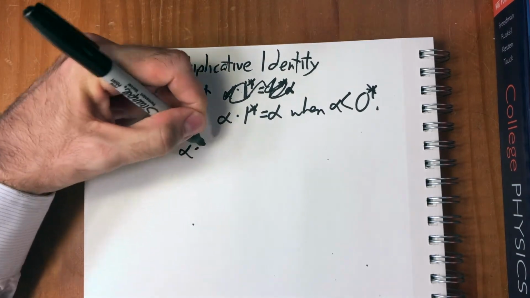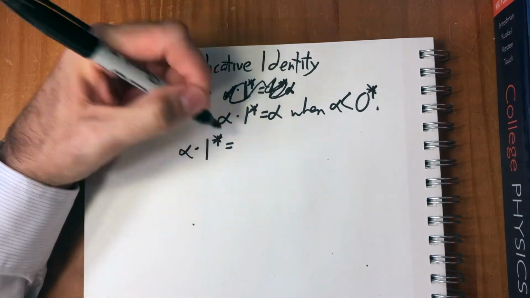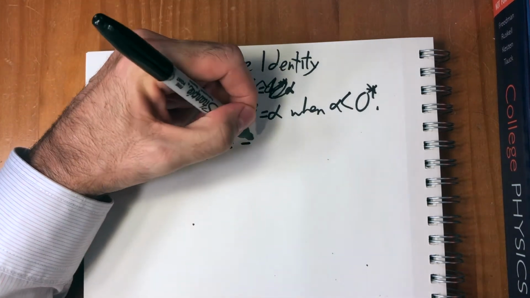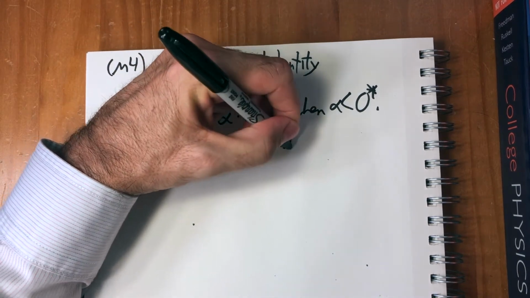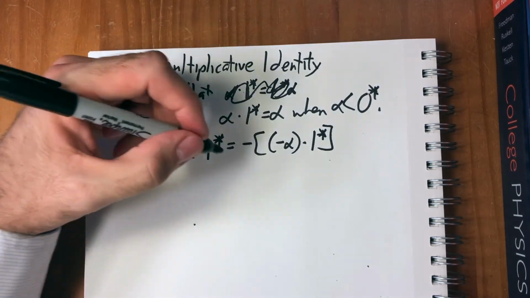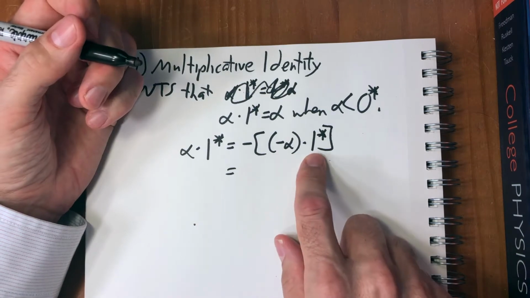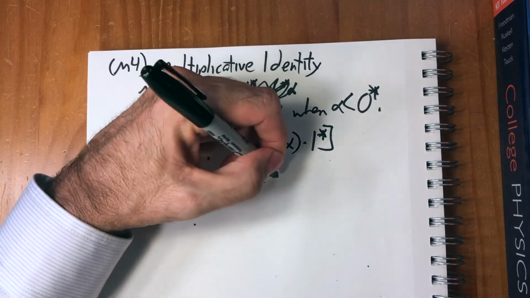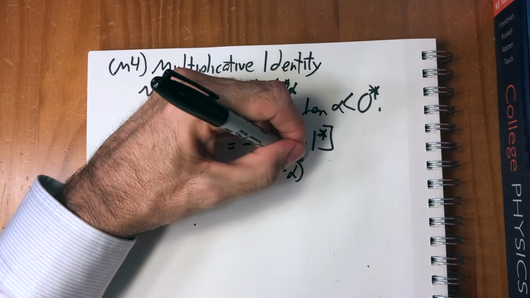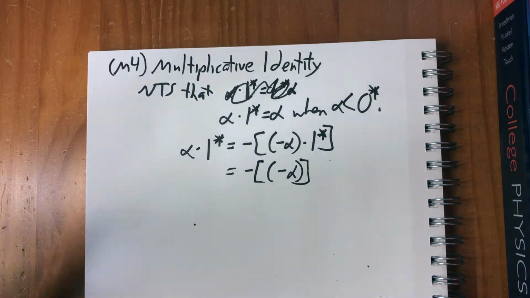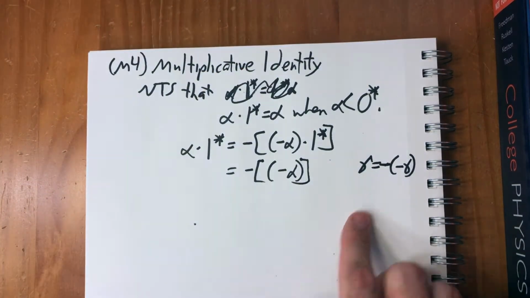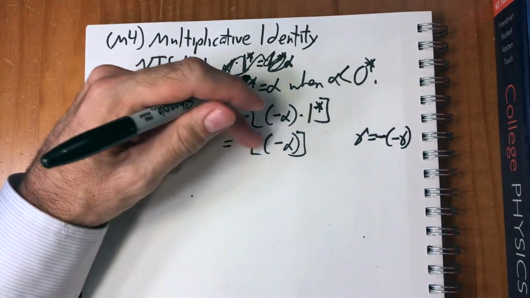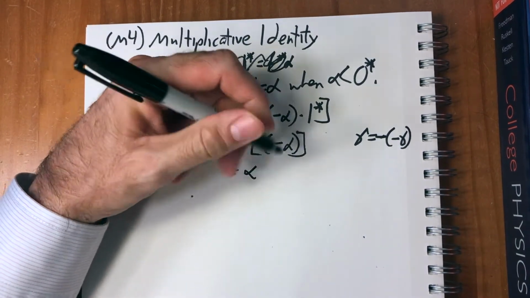So alpha times 1 equals, this is just rewrite it as the definition. And then that equals just the identity. This is a positive number, so we know that the identity works there. So we have minus. And now using the rule again, 114D, we have that this equals alpha.